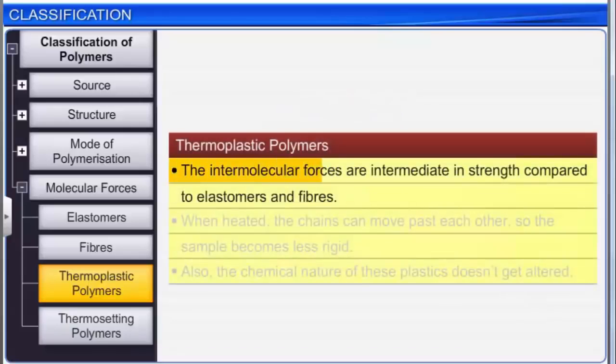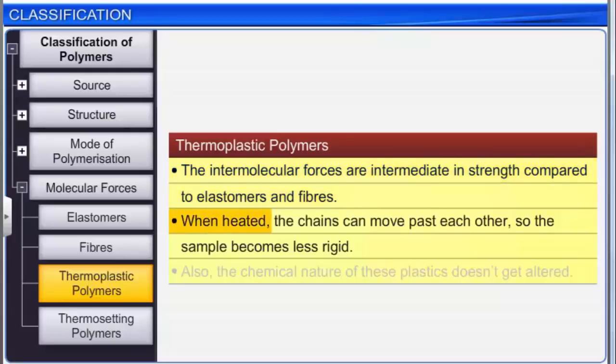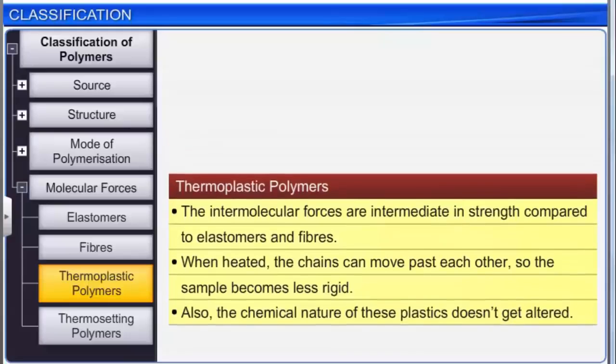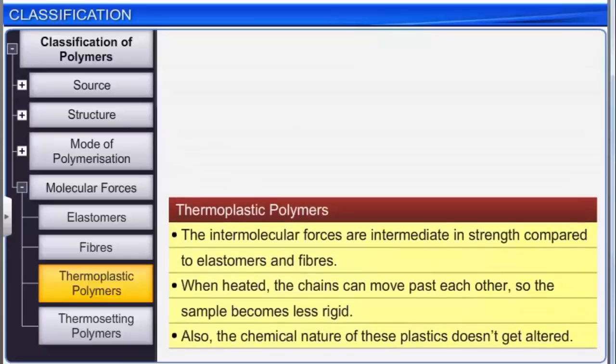The intermolecular forces are intermediate in strength compared to elastomers and fibers. When heated, the chains can move past each other, so the sample becomes less rigid. Also, the chemical nature of these plastics doesn't get altered. Note that these plastics can be recycled after use.